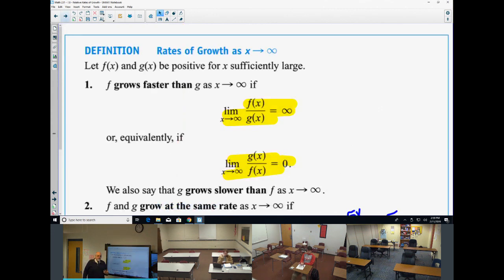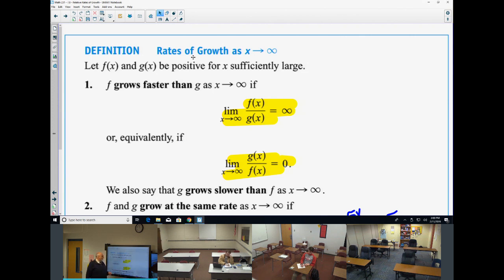So what we're going to do is compare rates of growth. We'll say that f grows faster than g as x approaches infinity if, when you do the comparison, f is on top, as you compare f of x and g of x, if you get infinity as your limit, then that means the top function wins.